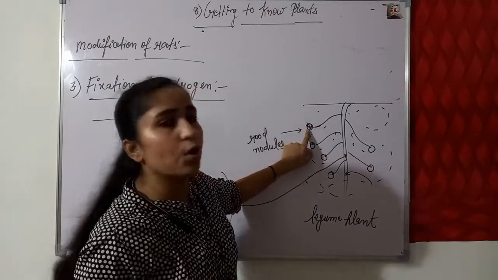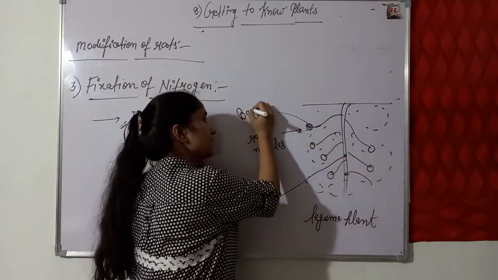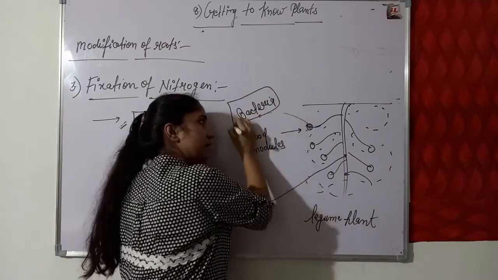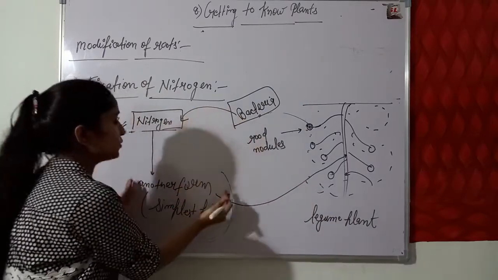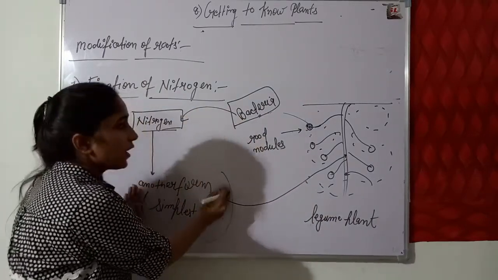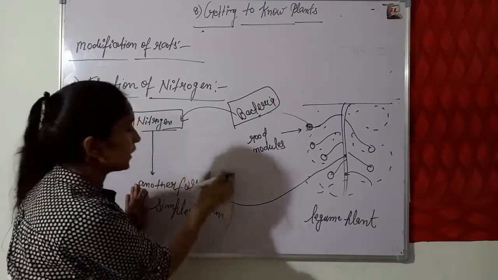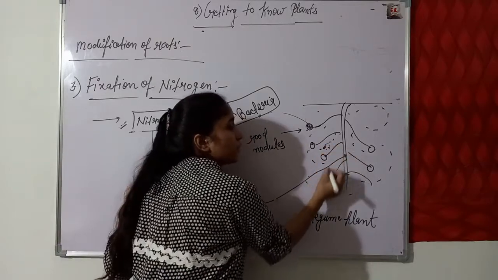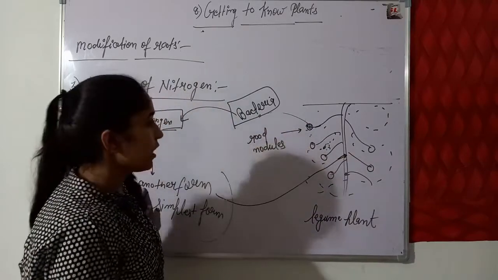And in the root nodules, bacteria are present. That bacteria convert atmospheric nitrogen into simplest form, and when nitrogen is converted into simplest form, it is available in the soil, and from the soil roots can absorb it easily.